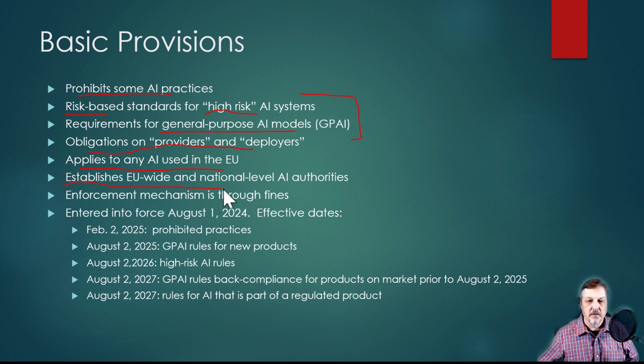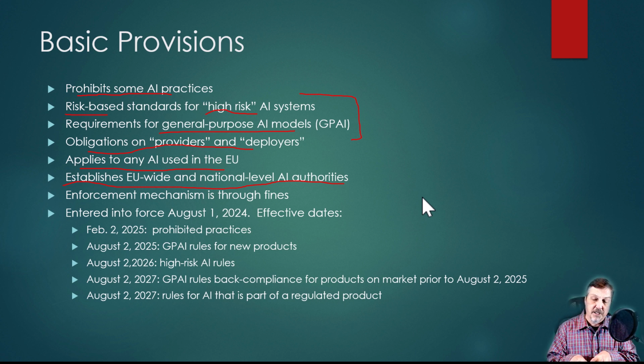Like the GDPR, the EU AI Act will establish EU-wide and national level AI authorities. So the idea here is that there's some EU-wide regulatory entity that is setting standards, that's developing more specific content in terms of what system is a high-risk system or a general purpose system, or what kinds of risk management practices really are effective and what aren't, and coordinating.